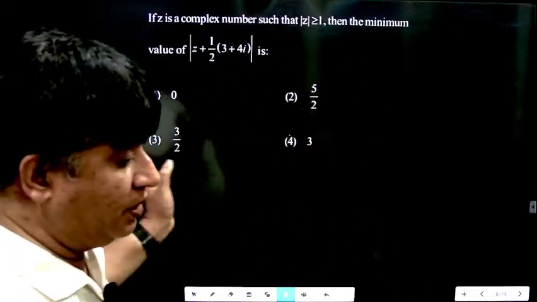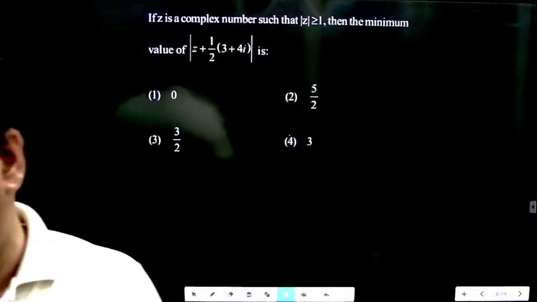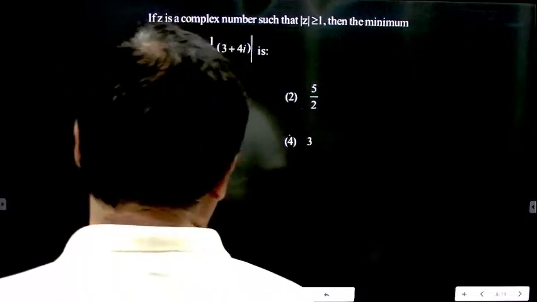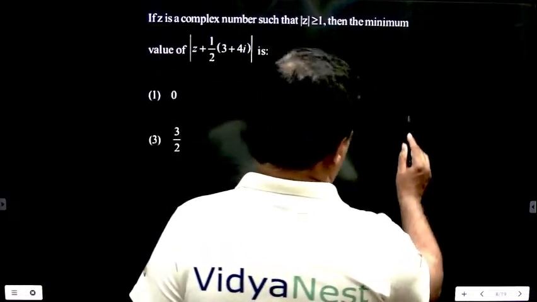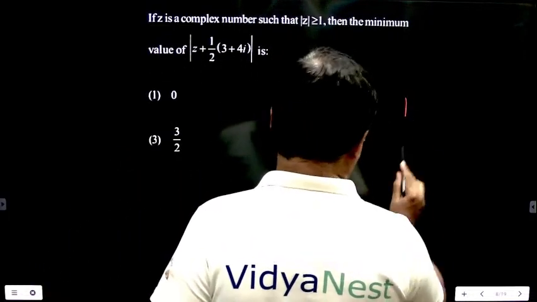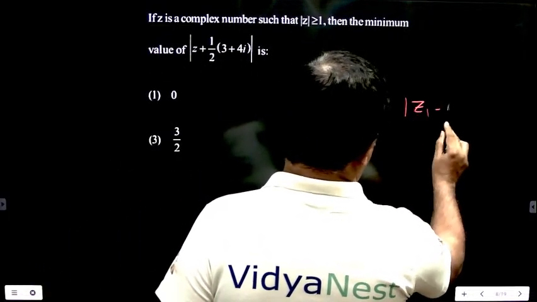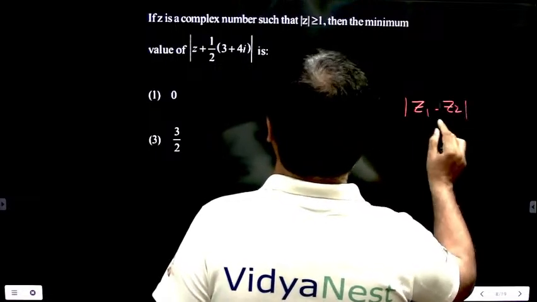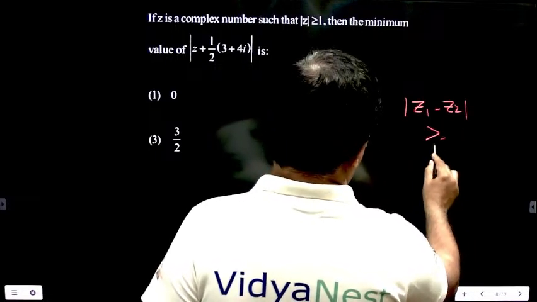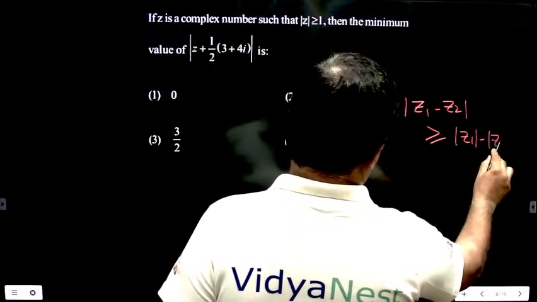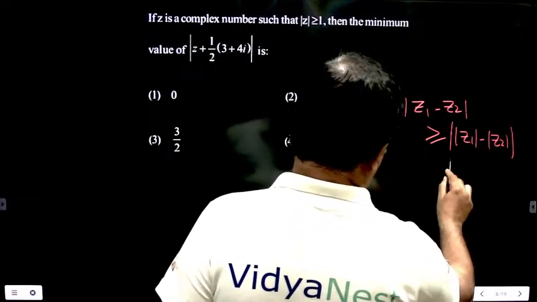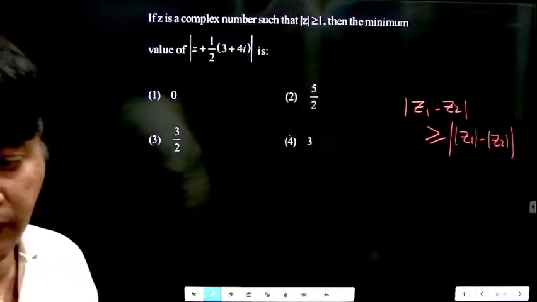You observe this sum. First you try. I am just giving one hint. You have to use this property: mod z1 minus z2 is greater than or equal to the whole mod. Try.